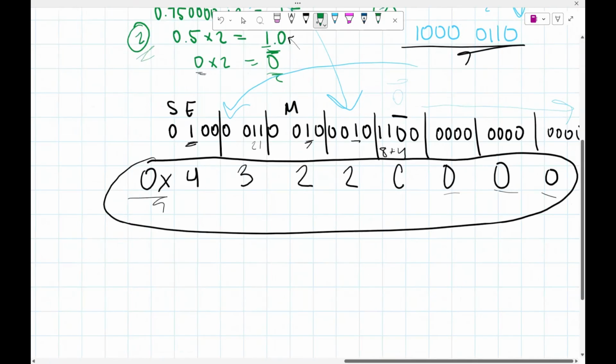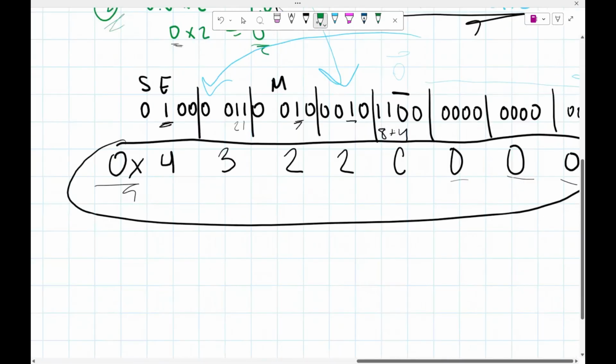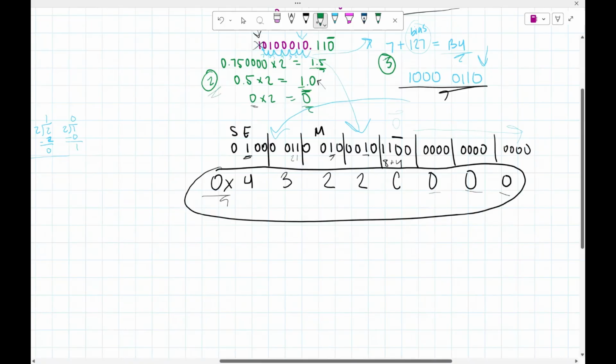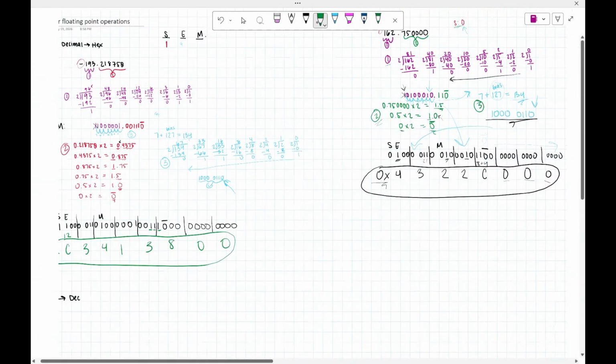And then afterwards, you put all the binary together from sign, exponent, mantissa, and you just convert it into hexadecimal. And if you guys are still stuck on conversions, I recommend you watch my previous videos because those explain basically every conversion method. Okay, so yeah, that's that.